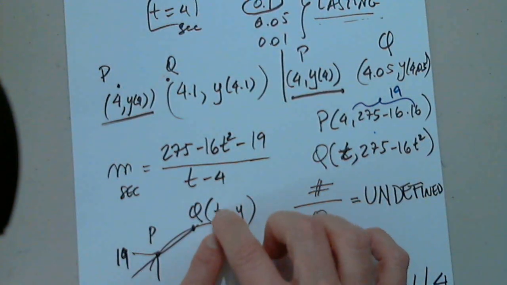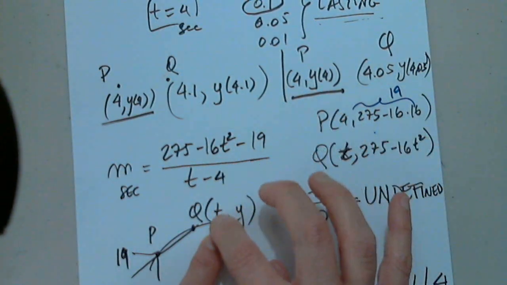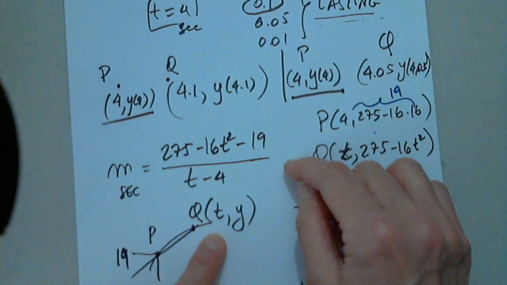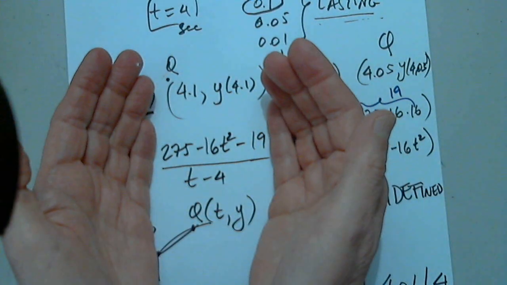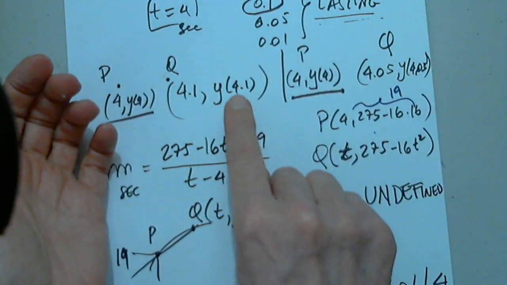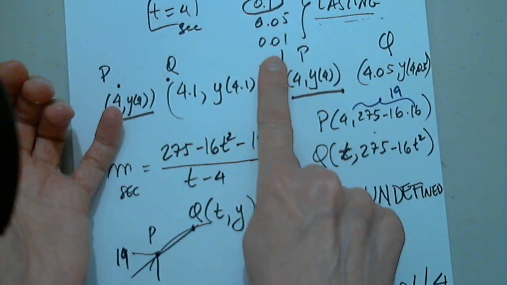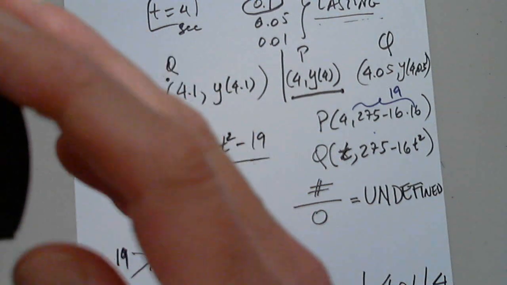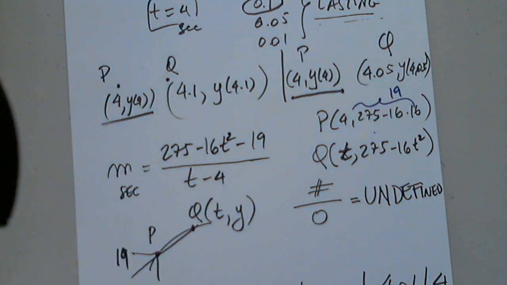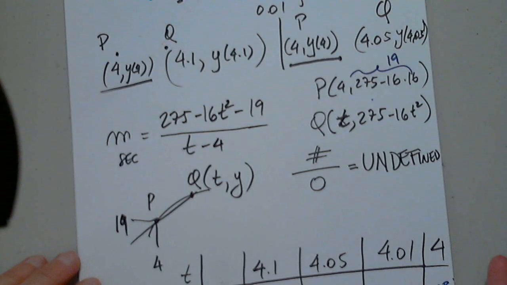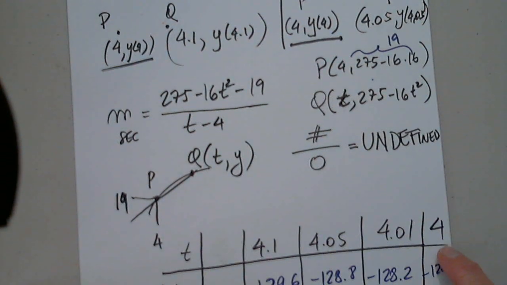I will not mess with the q at all, with a t in q. And just afterwards, put this in the graphing calculator and put the t I want, 4.1, 4.05, and then 4.01. And then go as close as possible to 4 so you can determine the slope of the tangent line. In other words, the instantaneous rate of change at 4.